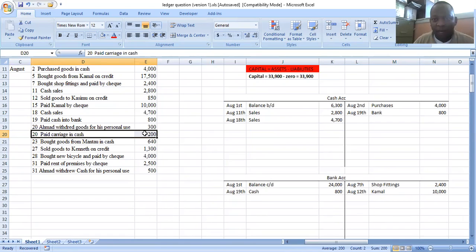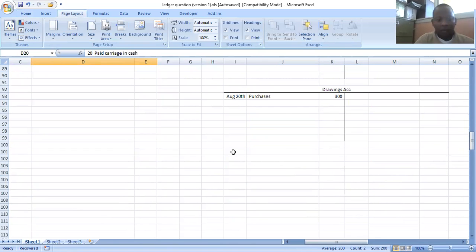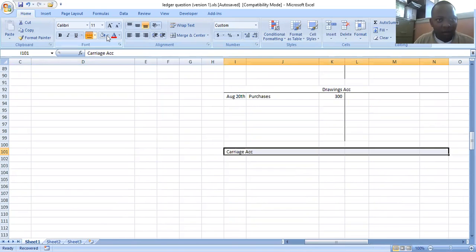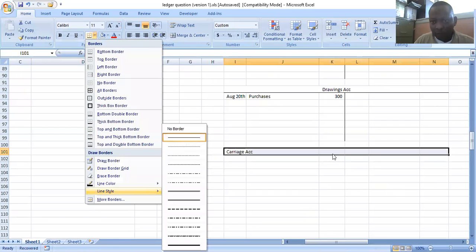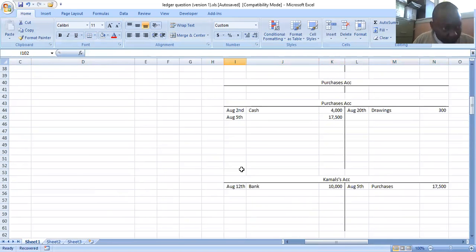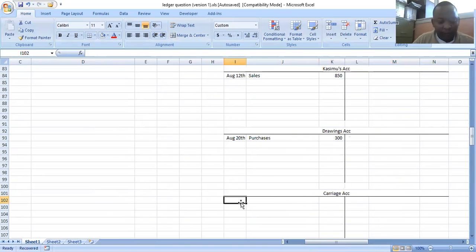You don't have a carriage account as yet, so you open one. So you debit carriage account. That is on August 20th.